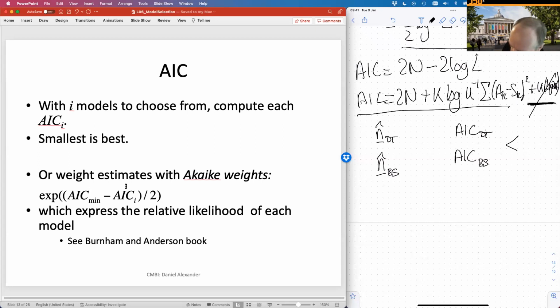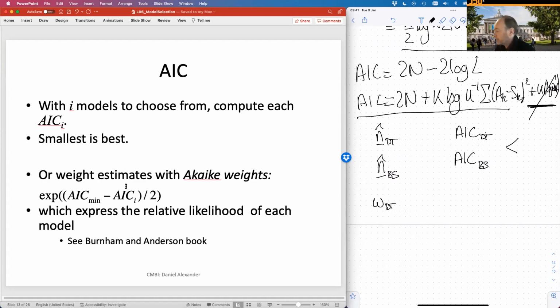So I can get an Akaike weight for the diffusion tensor, which is the minimum AIC, that's the AIC of the diffusion tensor, minus the AIC for this particular model, that's also the AIC of the diffusion tensor. So their difference is 0, meaning that the Akaike weight is e to the 0, which is 1.